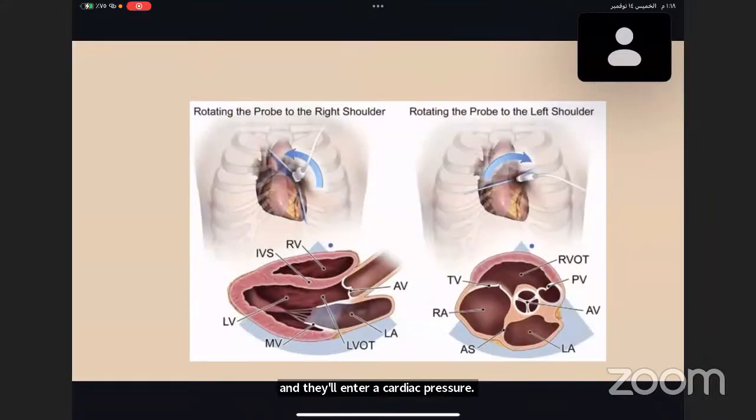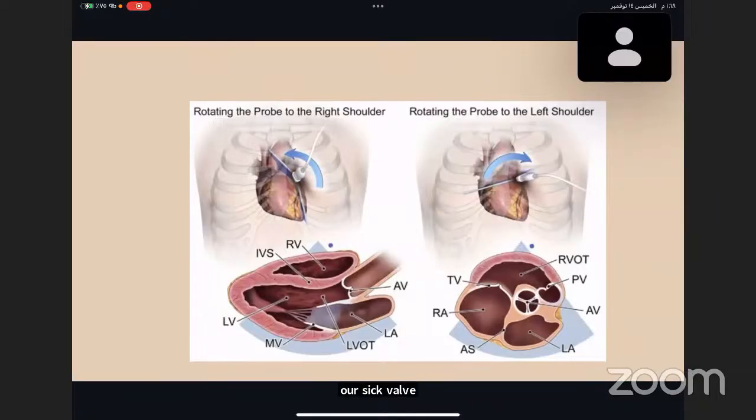In this picture, when putting the probe toward the right shoulder, we can see the right ventricle, the septum, left ventricle, mitral valve, aortic valve, left atrium.